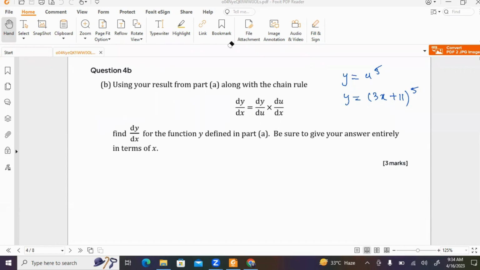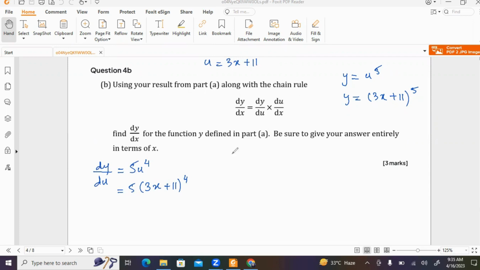Okay. So first, dy by du will be 5 times u to the power of 4. And we can replace u with 3x plus 11 because previously we assumed that u equals 3x plus 11. Then we find du by dx.